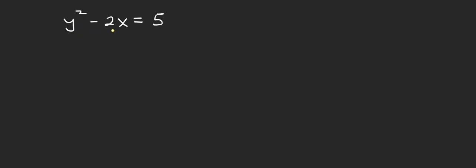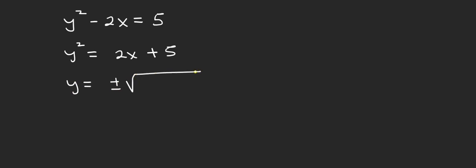What about y squared minus 2x equals 5? Well, let's solve for y and see what happens. We got y squared equals 2x plus 5. And y is going to be plus or minus the square root of 2x plus 5.